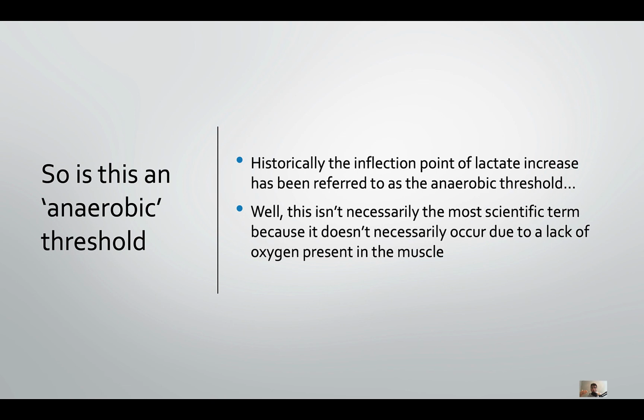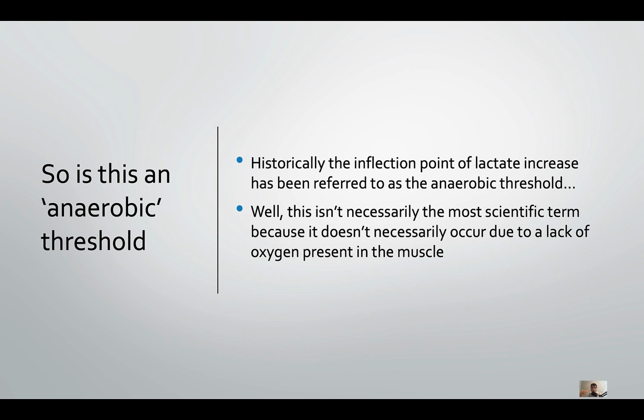It would make sense to reason that, right? And truthfully, historically, lactate threshold has been called correlated with your anaerobic threshold. It's not technically the most scientific approach to it.